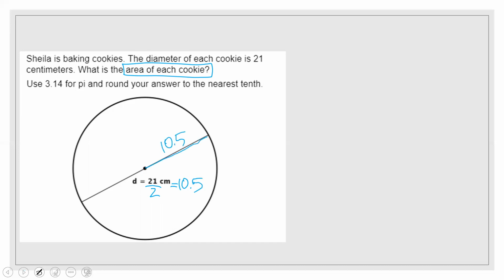Now I can just plug that into my formula of area equals pi r squared. So area is going to be equal to 3.14 times 10.5 squared, which is 346.185.